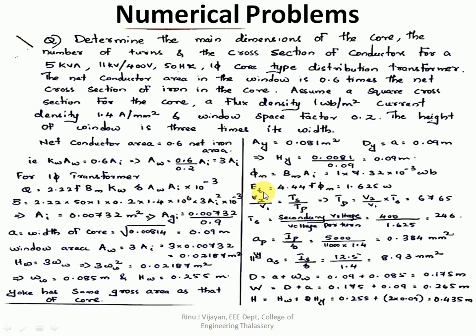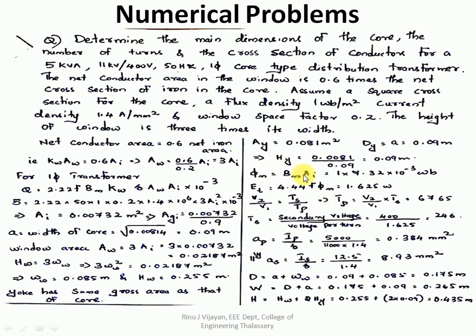The EMF per turn relation is 4.44 f phi m, and this remains the same for both primary and secondary winding. After making the suitable substitutions for f and phi m, the problem is that the value of phi m is not given directly, so you have to determine phi m and substitute it here.